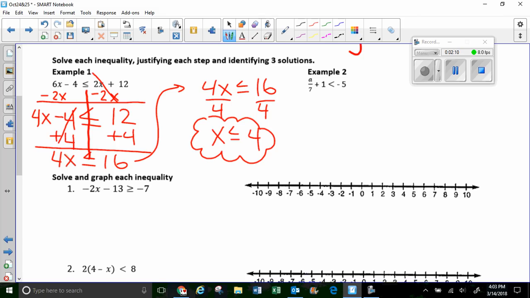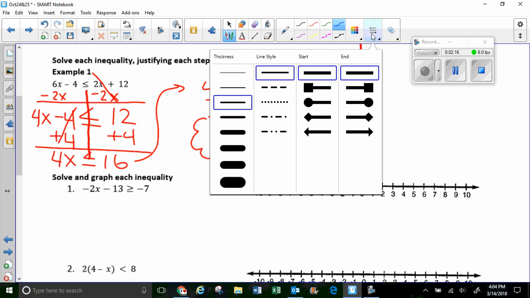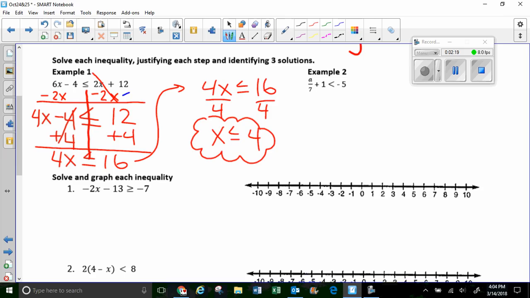It asks us to justify each step, so I'm going to go back. This here, when I subtracted, would be the subtraction or addition property of inequality. When I added 4 on both sides, that would be the addition property of inequality.